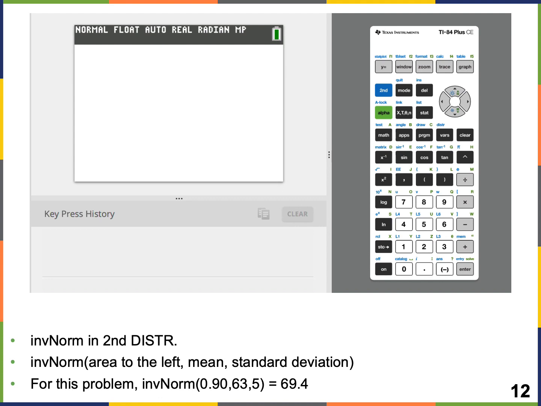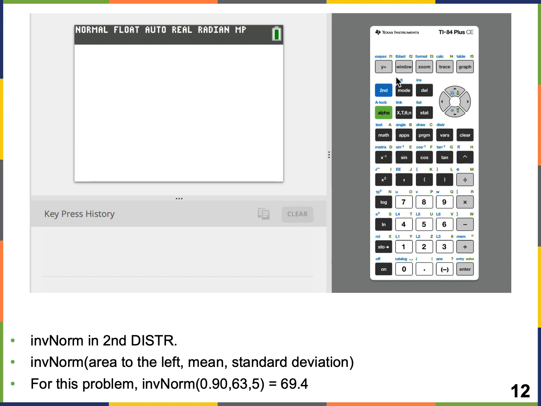Okay, so here we're finding the 90th percentile of scores given a mean of 63 and a standard deviation of 5. Basically we're doing the reverse. We want to find this value k such that the area underneath the curve up to k is 90%.